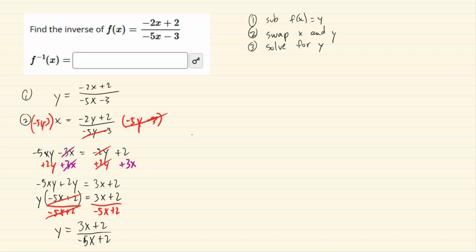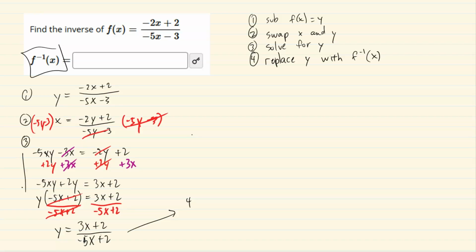And then the very last step, and this is a pretty simple step, is to replace y with the inverse function f inverse of x. And that's where we get the solution. So for step 4, technically we were doing step 3 all the way down.